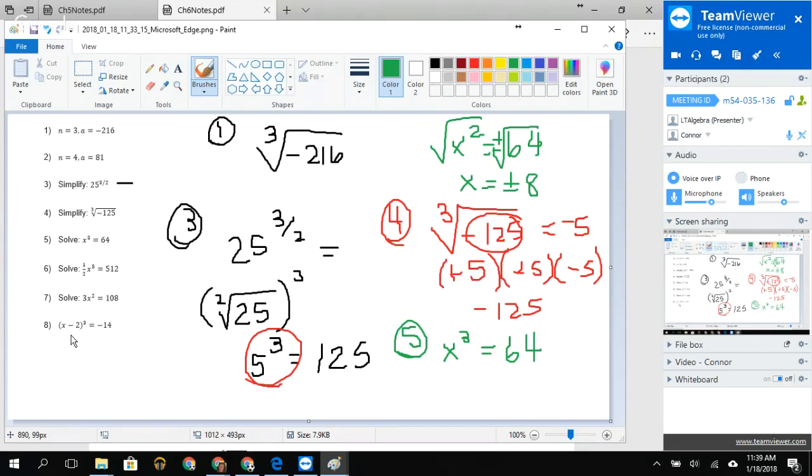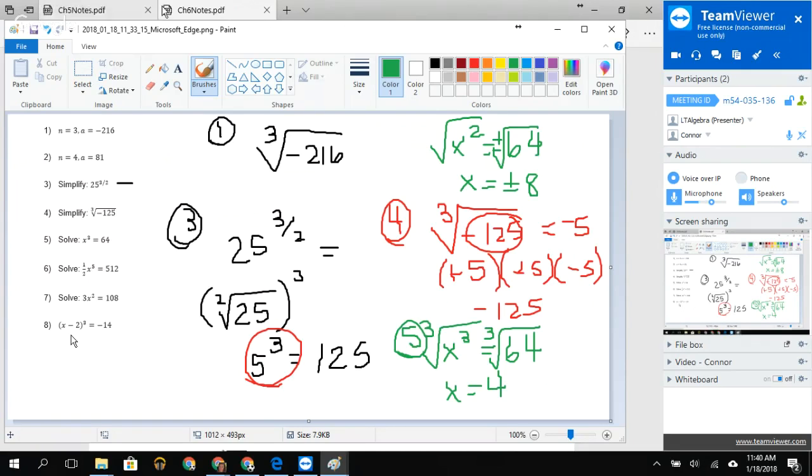But when we have x cubed, we want to take the cube root. So we would take the cube root of one side and the cube root of the other side, and we would end up with 4, because 4 cubed is 64. So it's really pretty easy. I think it's a good introduction to that.